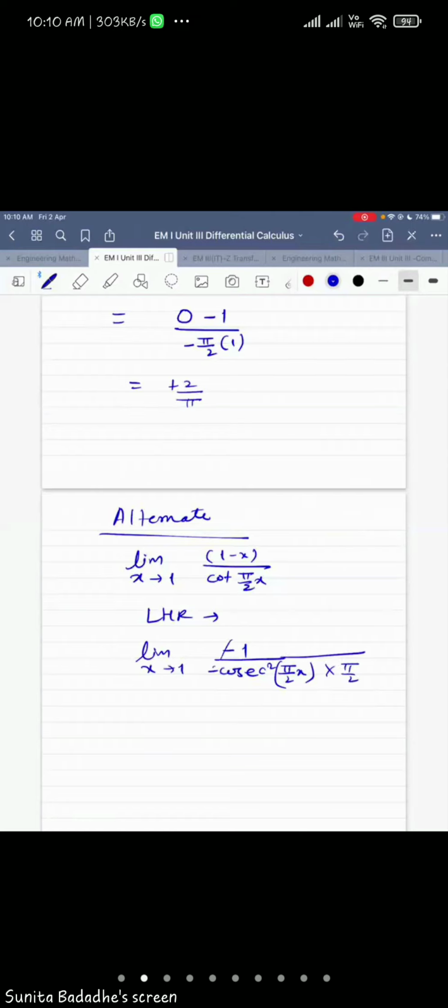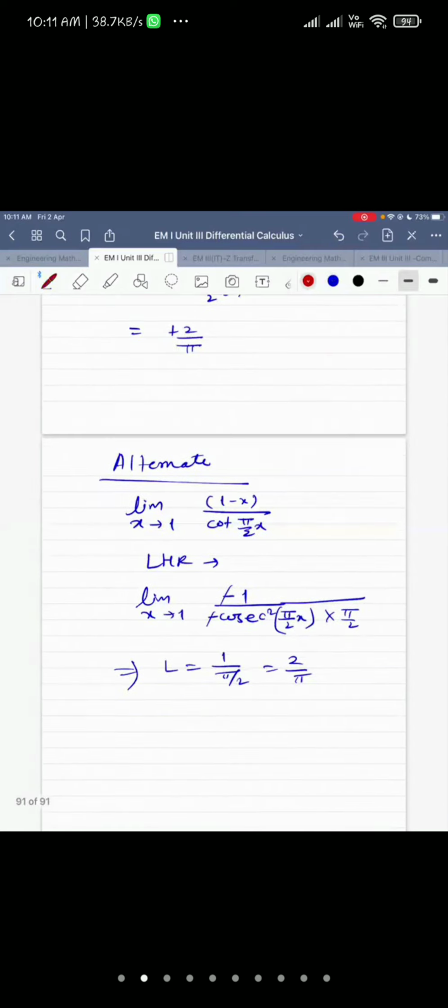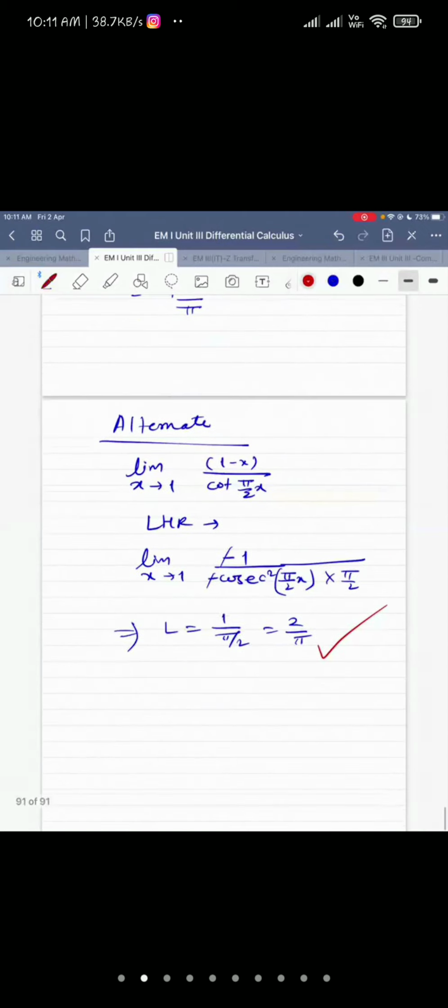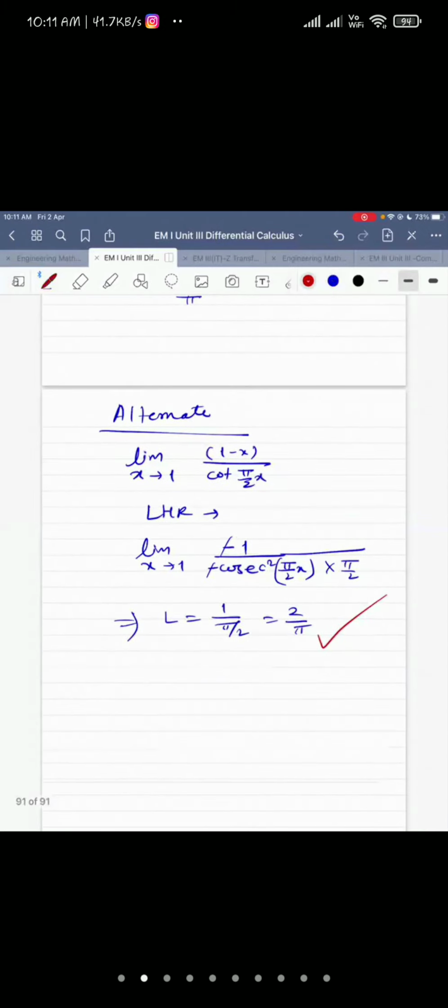And then the negative sign will get cancelled, and cosec pi by 2 is 1. So 1 upon pi by 2, and therefore the answer is 2 by pi. Okay. So this is also right. No problem. You can continue with this step also. It will give you the answer fast. Okay. This is the correct way. No problem. Okay. Good, Pratik.